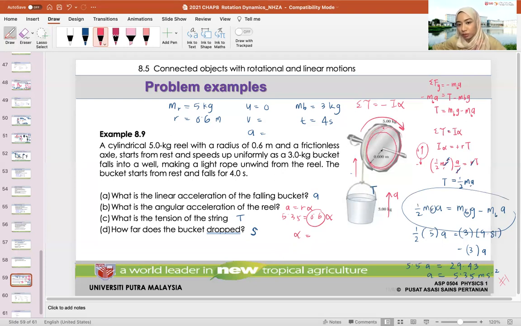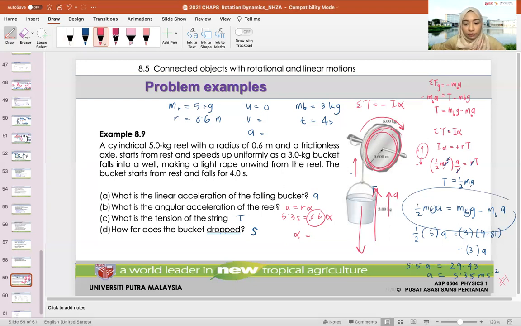The alpha belongs to the reel. The bucket does not rotate. Kalau the bucket rotate, pening kepala lah. Air semua jatuh, tumpah. Betul tak? So only the reel rotates. The bucket only falls or goes up. It's a linear motion. Therefore, I know that the radius should come from the reel and not the bucket.